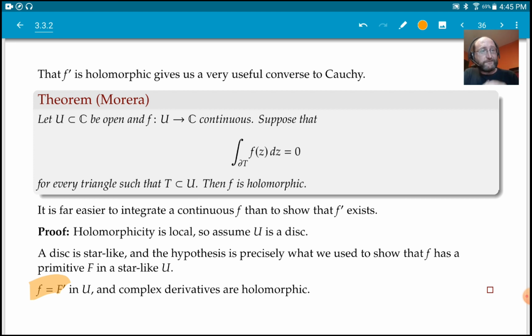Because this little f has an antiderivative, has a primitive, therefore it is a derivative, at least in a disk, and therefore it's holomorphic. And now you can just do it in any disk that's contained in U.